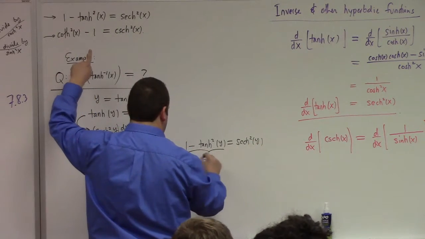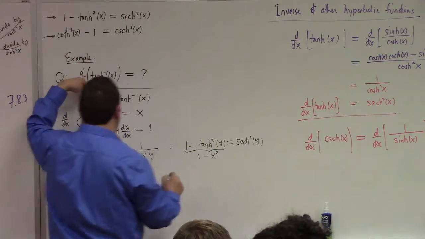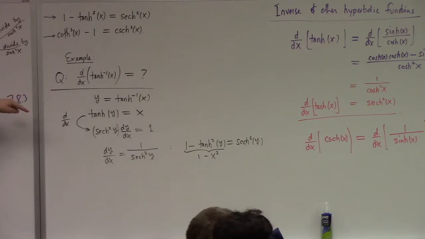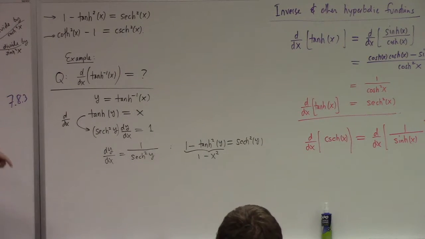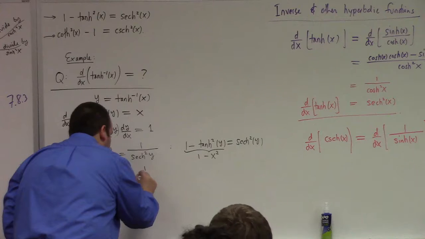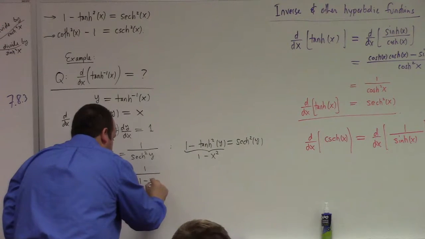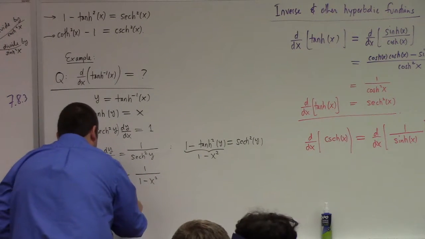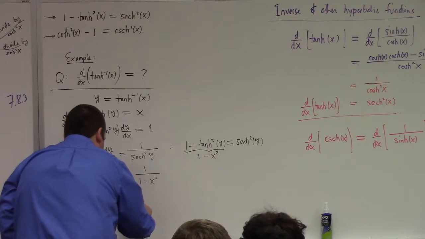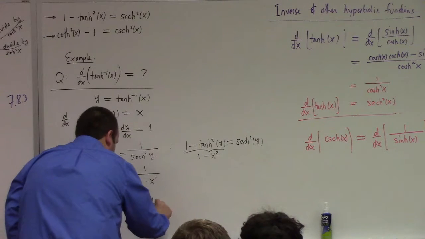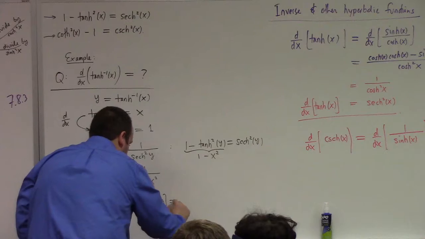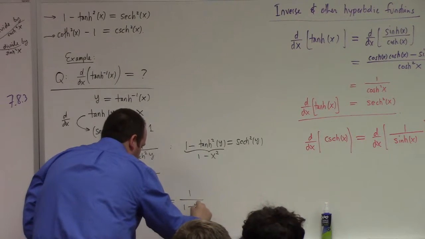But of course, this is exactly 1 minus x squared in view of how y and x are related. And there you have it: 1 over 1 minus x squared. So the derivative with respect to x of inverse hyperbolic tangent of x is 1 over 1 minus x squared.